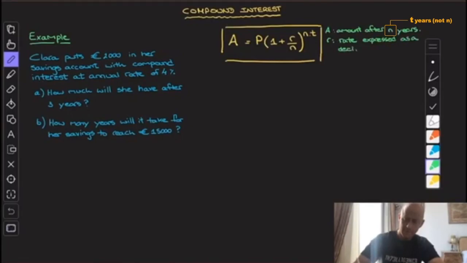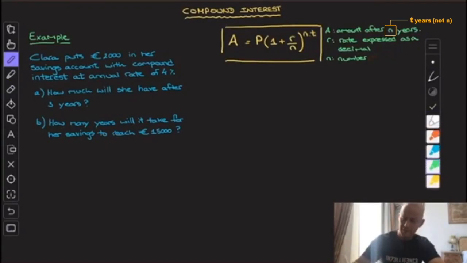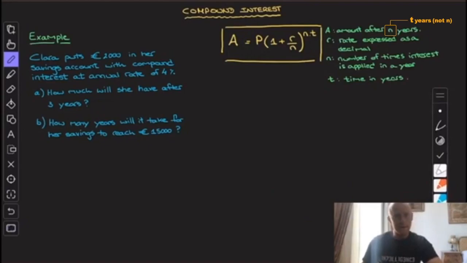Okay. And N is the number of years. Okay. And actually, my apologies, I'm being very silly. N is not the number of years. N is the number of times. Don't worry, that's going to make sense very shortly. And T is time in years. Okay? Now, take a few seconds to write that down.